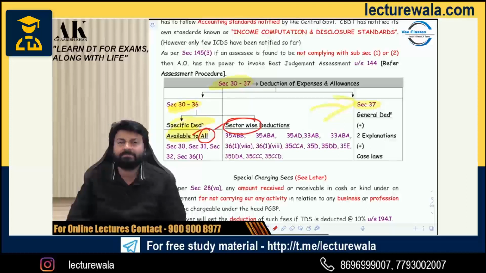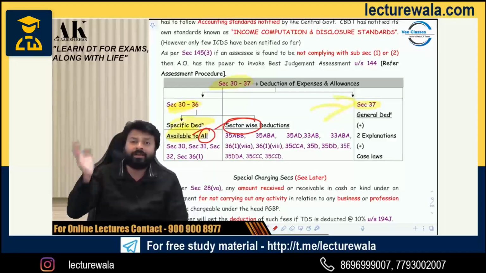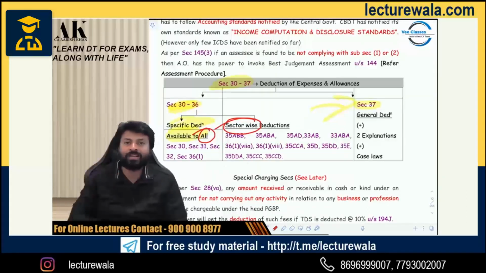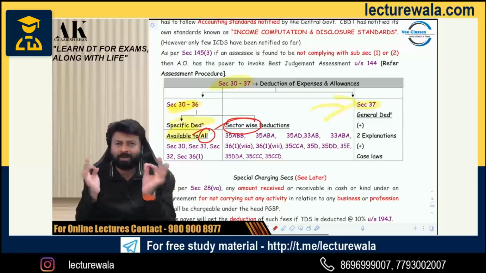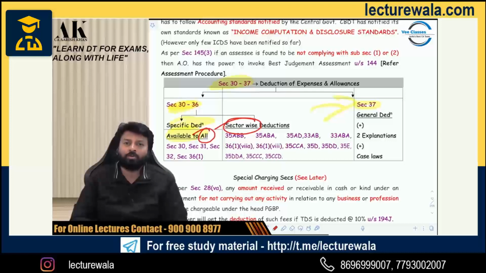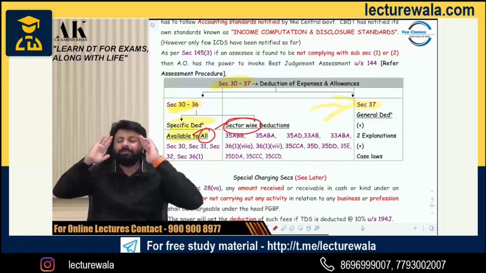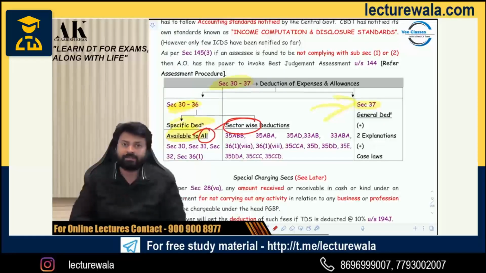That is sector-wise. Or a hospital of 100 beds or a hotel of 2-star category. Those are very specific deductions which are applicable only to certain businesses, not to all. So you have to keep this segregation in your mind before you learn PGBP deductions. Then it will become easier for you.